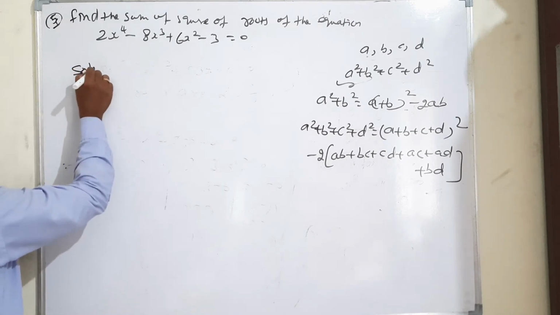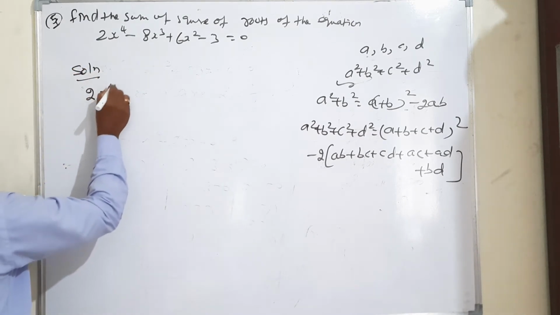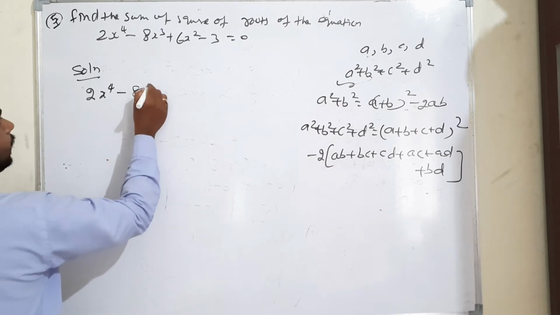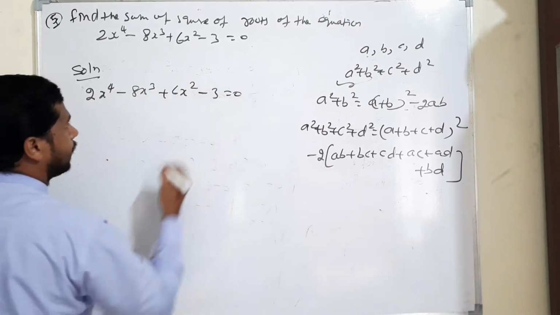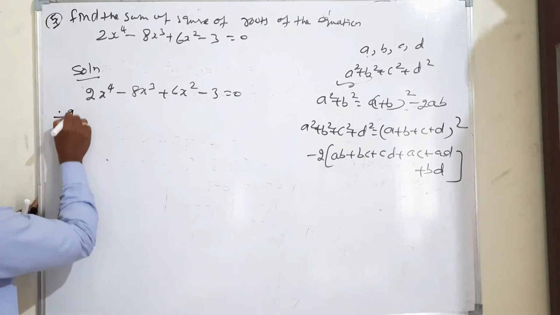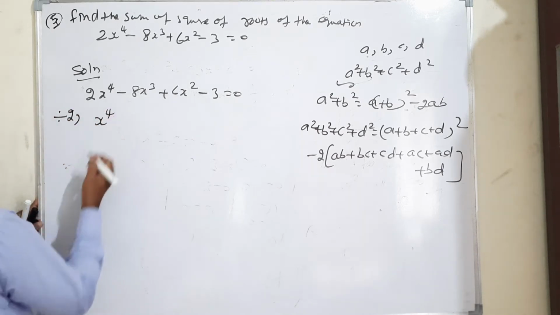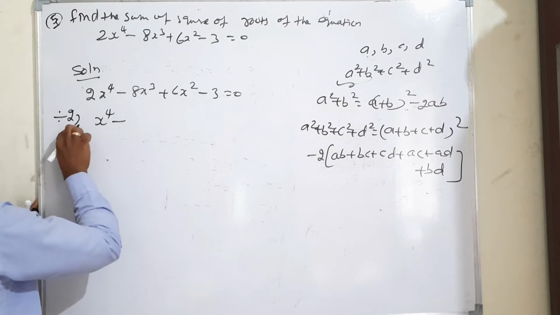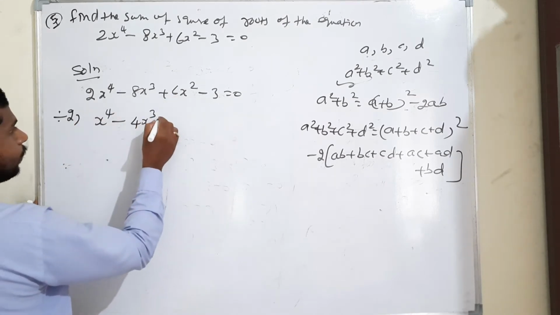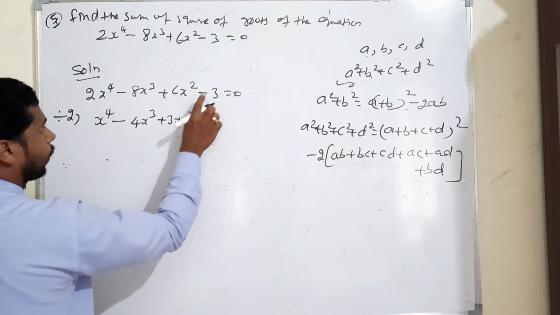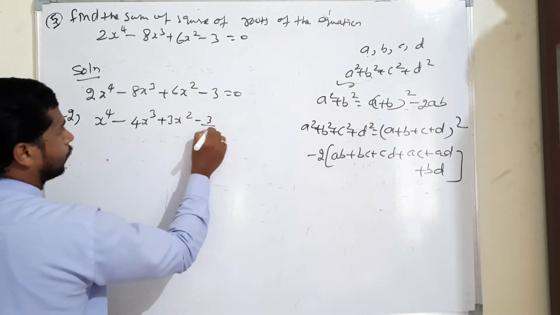The equation is x power 4 minus 8x cube plus 6x square minus 3 is equal to 0. Dividing each term by 2, we get x to the power 4 minus 4x cube plus 3x square minus 3 by 2.